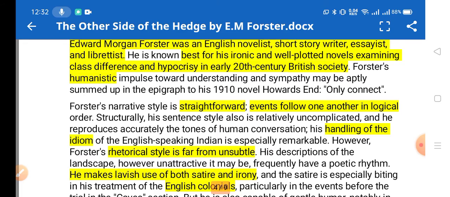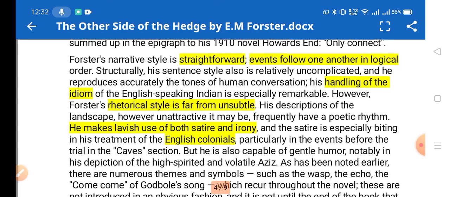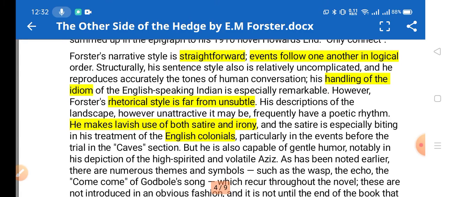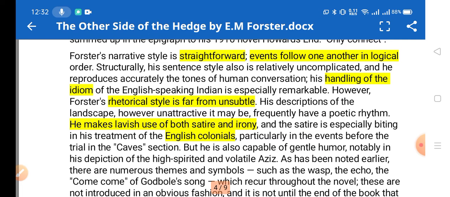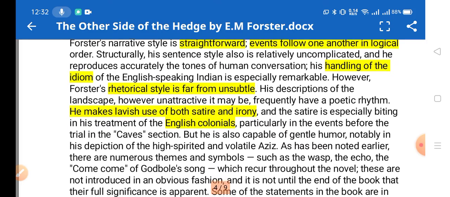epigraph of his novel. Forster's narrative style is straightforward. Events follow one another in a logical manner, and there is handling of idioms in his writing.